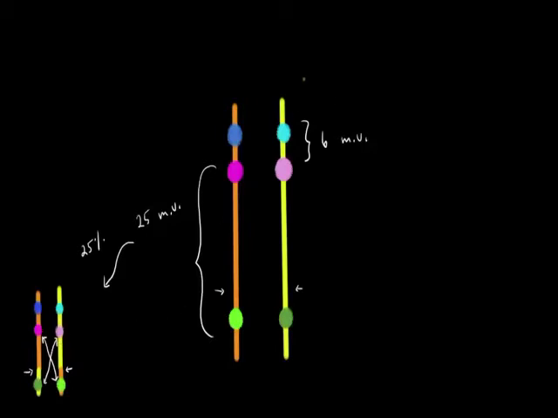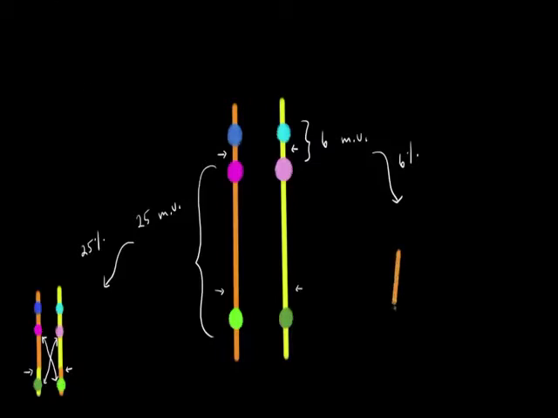Now let's look at the blue and purple genes. They're 6 map units apart, so that means that 6% of the time that meiosis happens, the purple and blue genes will get separated. So we're going to say that up at this spot, the chromatids swap information. Let's draw that.